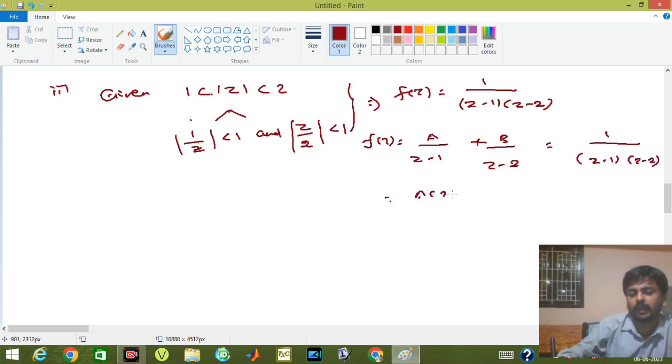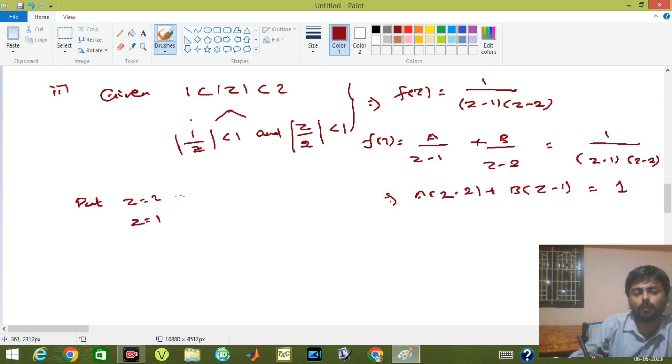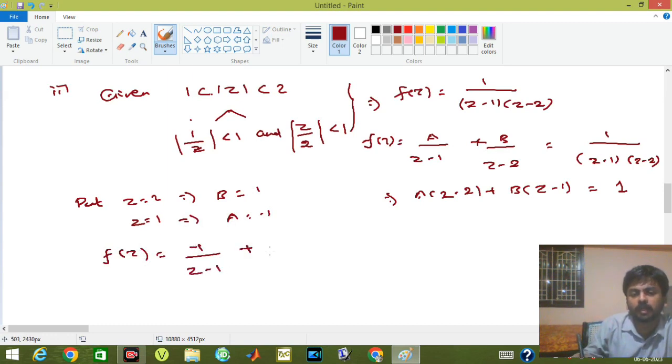So we'll have a into z minus 2 plus b into z minus 1 equal to 1. So put z equal to 2 and z equal to 1. We get b equal to 1, and a equal to minus 1. So we get f of z equal to minus 1 divided by z minus 1 plus 1 divided by z minus 2.